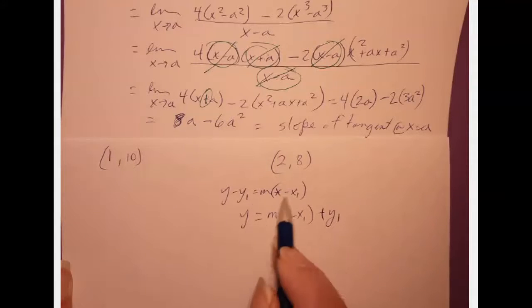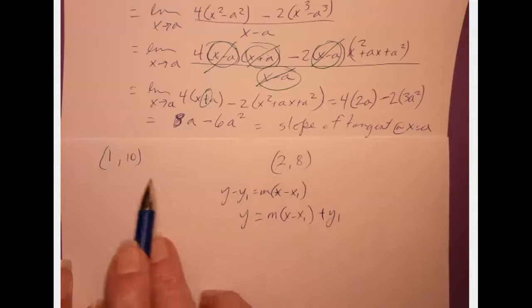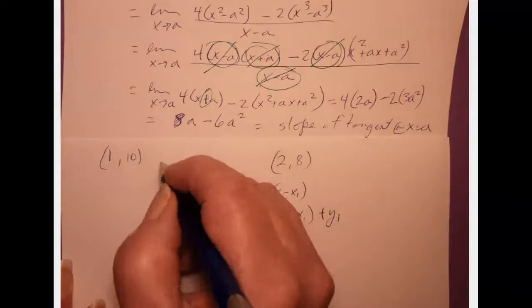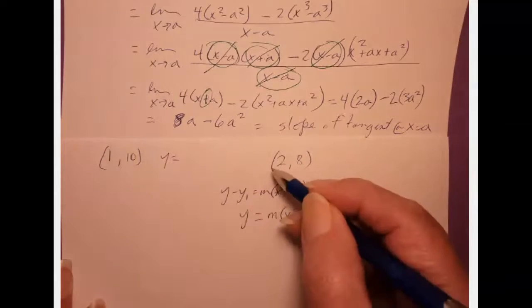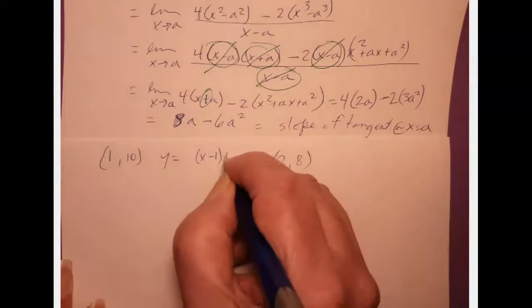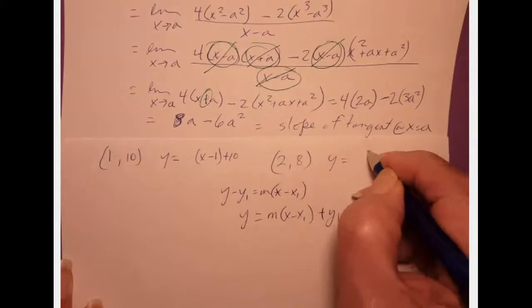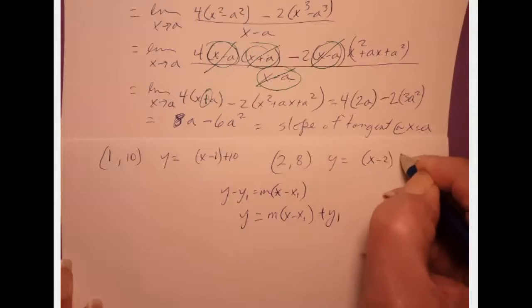So I tend to use this form of the equation because I don't have to solve for b. So this tells me exactly where I'm putting things. I can go ahead and do almost my entire equation here. So here y is equal to, I don't know what the slope is yet, x minus 1 plus 10. And this one is y is equal to, still don't know the slope, x minus 2 plus 8.